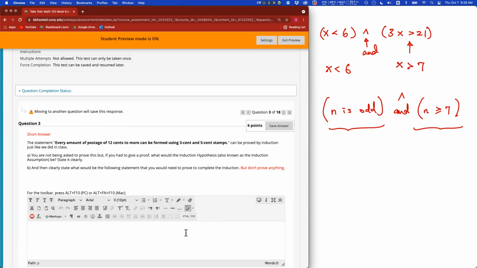So part A asks you to state the inductive hypothesis, which we will assume. So the statement is every amount of postage of 12 cents or more, there's a typo there, can be formed using 3 cent and 5 cent stamps.